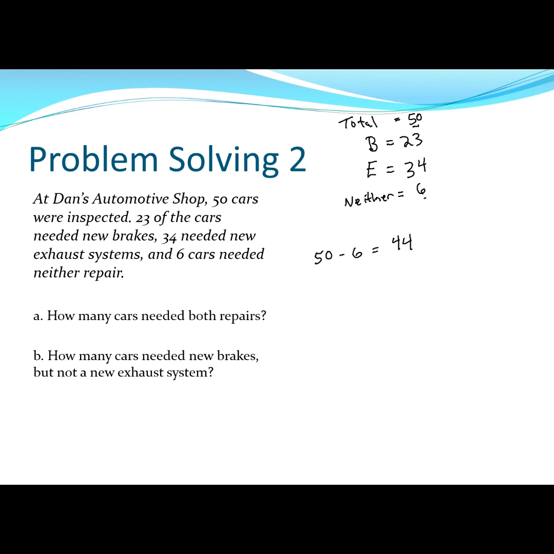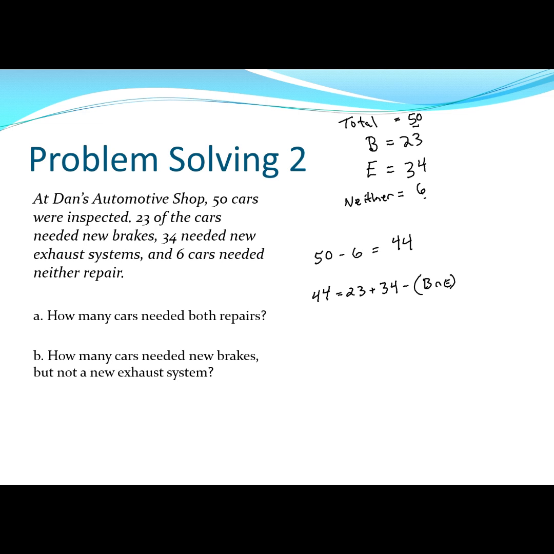So now let's take 44 and we're going to set that equal to 23, that's your brakes, plus 34, which is our exhaust system. And then we're going to subtract B with E, which is the ones that needed both.